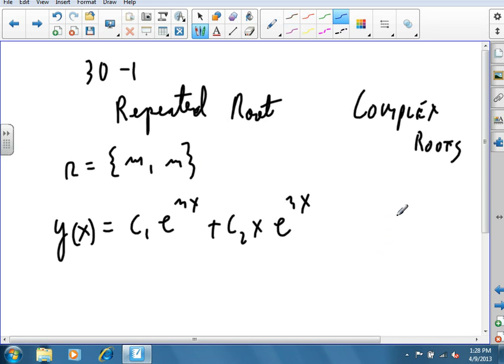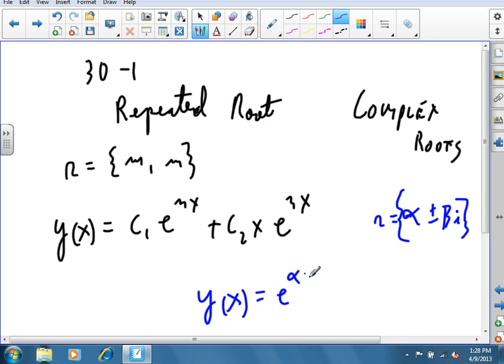And if I have complex roots, r is equal to alpha plus or minus beta i, then my answer is going to be y of x is equal to e to the alpha x times c1 cosine beta x plus c2 sine beta x.